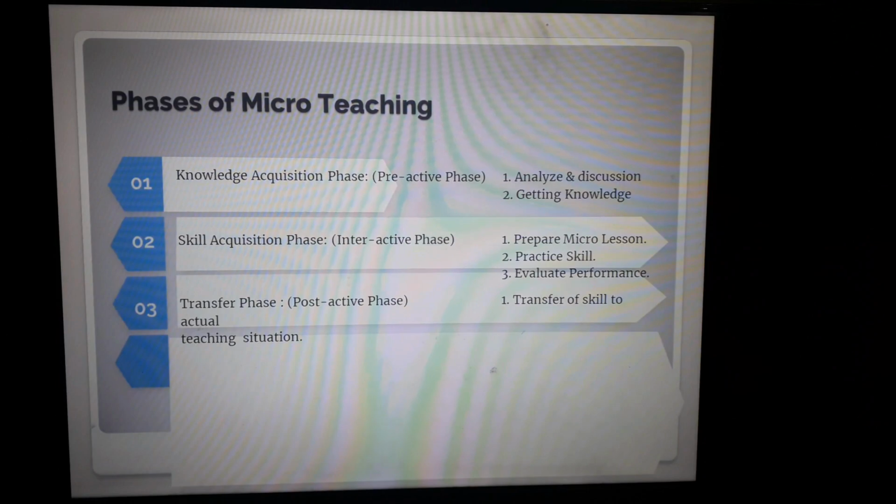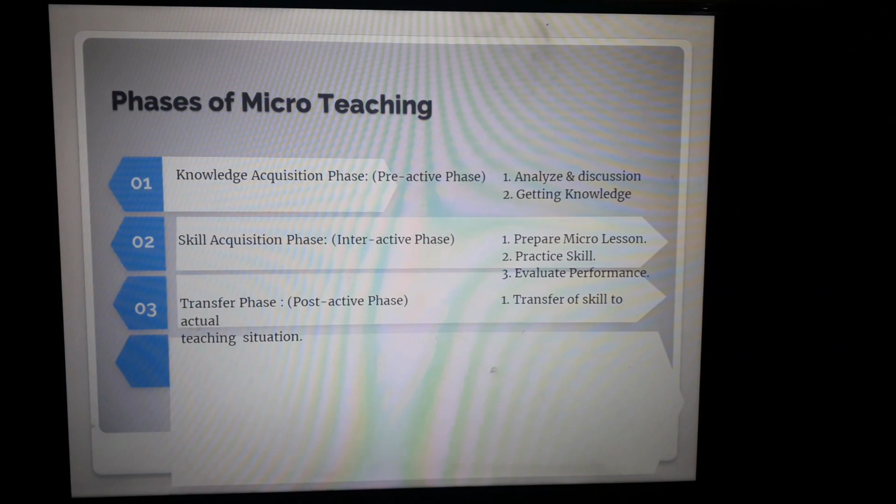Knowledge acquisition phase, we can say it's pre-active phase. In this phase, the student teacher attempts to acquire knowledge about the skill, its rationale, its role in classroom, and its component behaviors. For this, he reads relevant literature. He also observes demonstration lesson, mode of presentation of the skill, like modeling. The student teacher gets theoretical as well as practical knowledge of the skill.